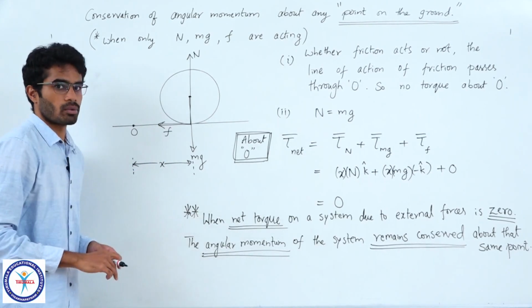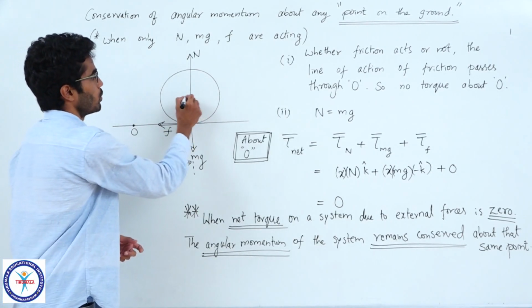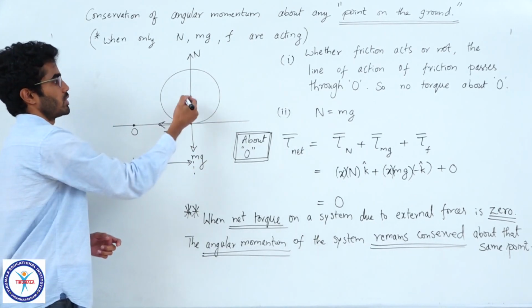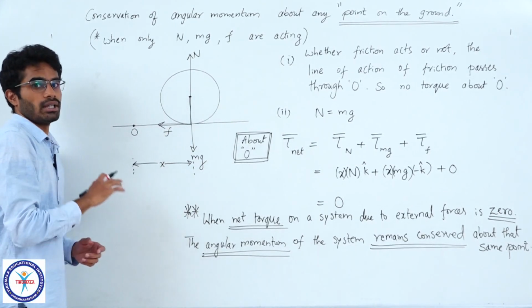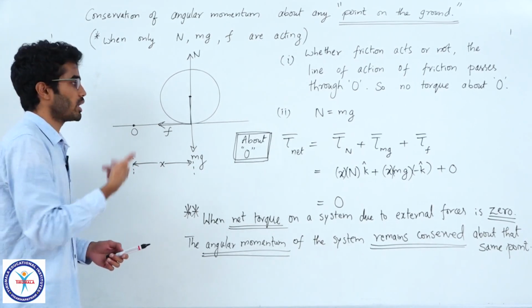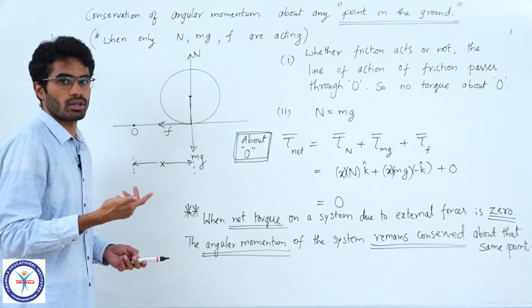You might have seen some problems where the object will be pulled towards the right or left with an external force capital F. That is not there here. The object is on its own rolling or rolling with sliding.